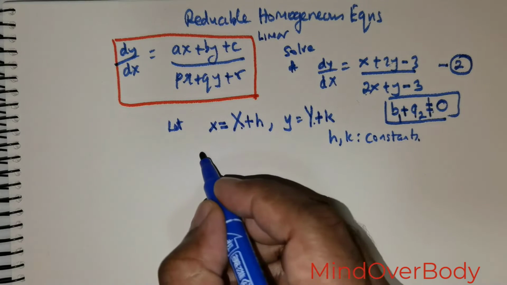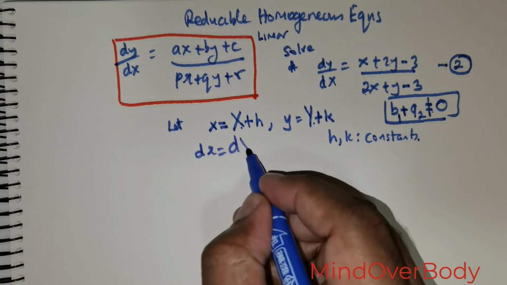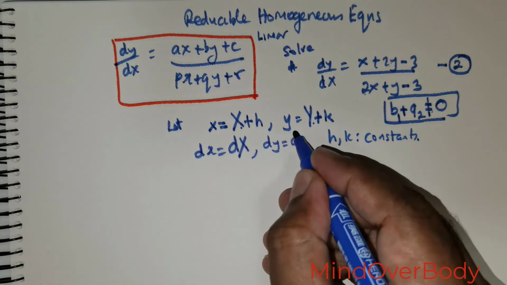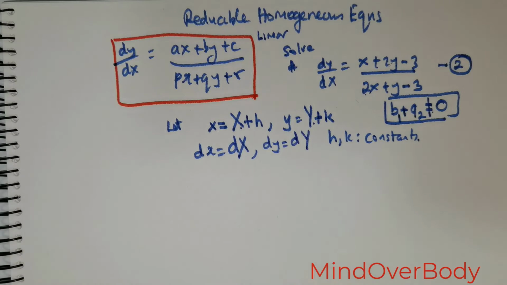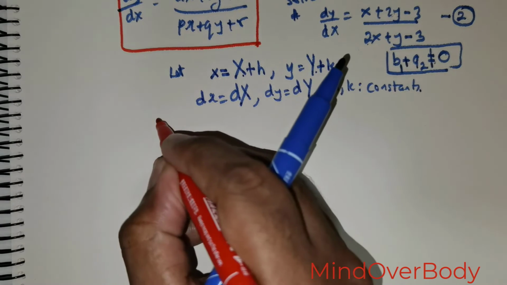Foremost I will differentiate this. The differential of x would give me dx; differentiation of capital X is going to be capital dX. Similarly dy is going to give me capital dY. So let me rewrite equation 2.